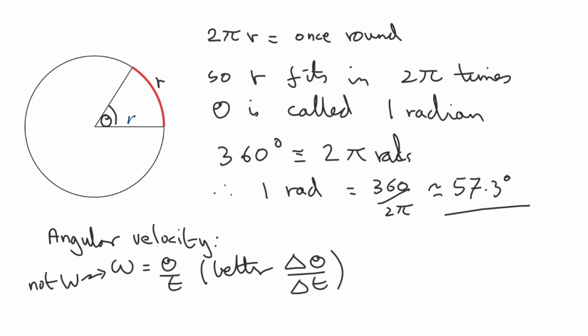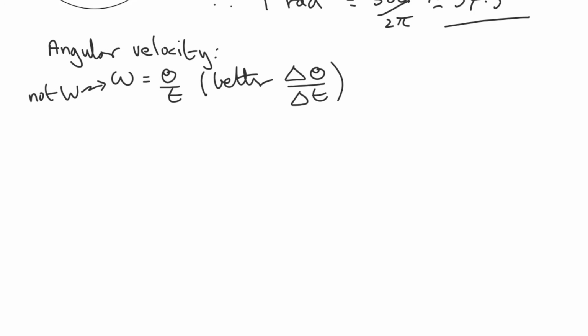Last thing we wrote down then was that omega equals theta, the angle moved through, divided by the time taken. We now want to get some perhaps more useful formulas for that. So remember that in one turn, the complete angle that we've moved through is 2 pi, because there are 2 pi radians in a circle. And if we divide that by t, how long it took to make the circle, then that will be the angular velocity.